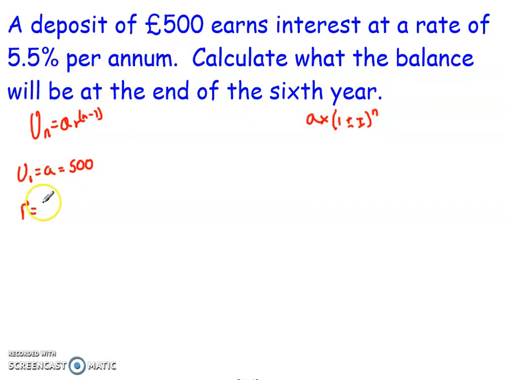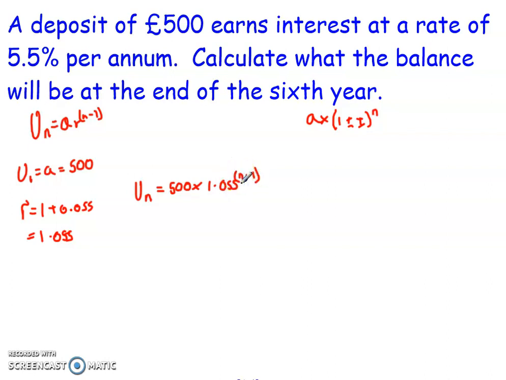Well, for the common ratio, we know it's going to be the 100%, so the original, so 1, plus this percentage every year, so plus 0.055. So I know that my common ratio is going to be 1.055. So I can represent this as un equals a, 500, times the 1.055 to the n minus 1.